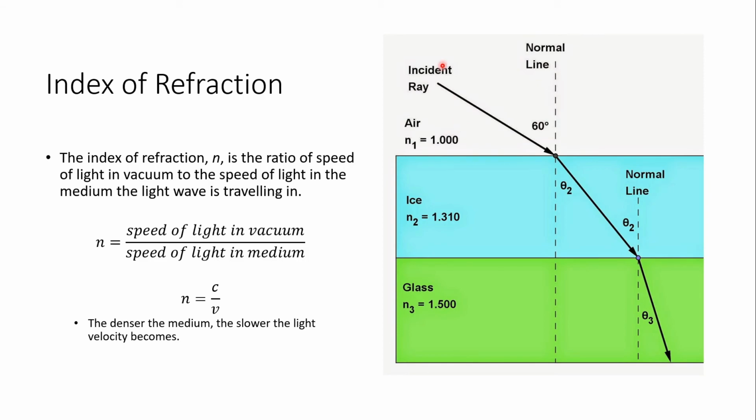But for everything else, it bends, and the reason it bends is because it's got velocity to compensate for, since it's moving through a much denser medium, so it's slowed down. But since the frequency is the same, remember, what was the formula for wave speed and frequency?